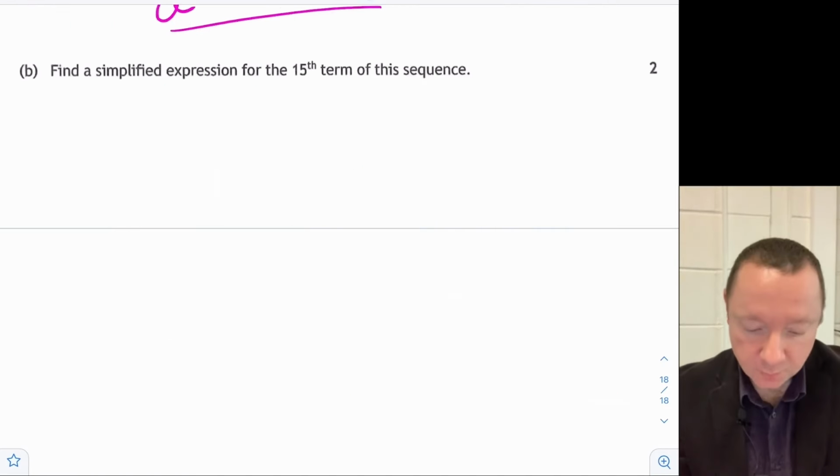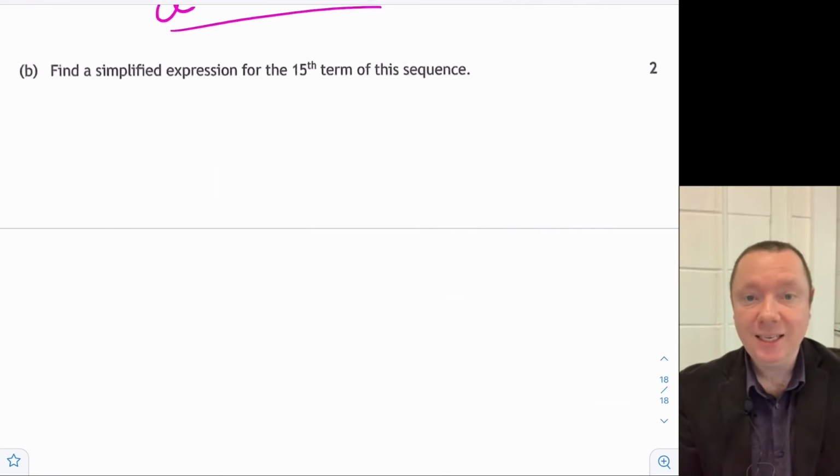Part B: find a simplified expression for the 15th term of this sequence.